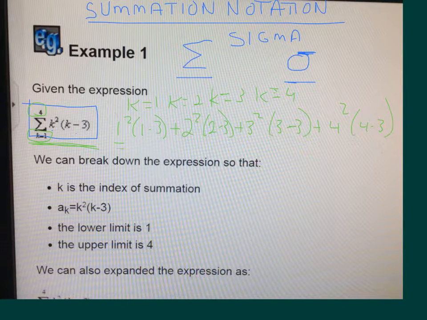And if you evaluate all of those, then you're going to end up with 4 numbers that we can later add together to get the value for the sum, which in this case is going to be a sum of 22. And that's how that works.